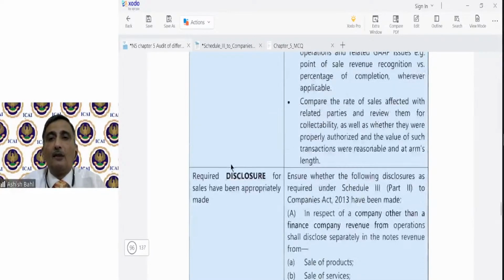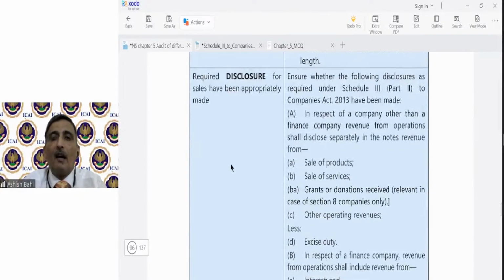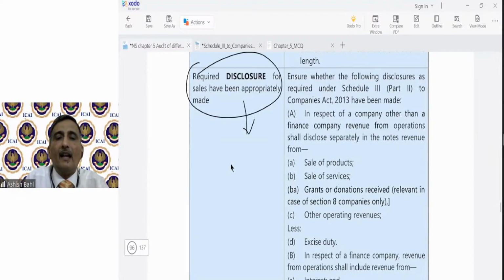Now, disclosure. How is revenue to be disclosed as per the requirements of Schedule 3 of the Companies Act? There are two requirements. There is a separate requirement for finance companies, and a separate requirement for companies which are not finance companies.